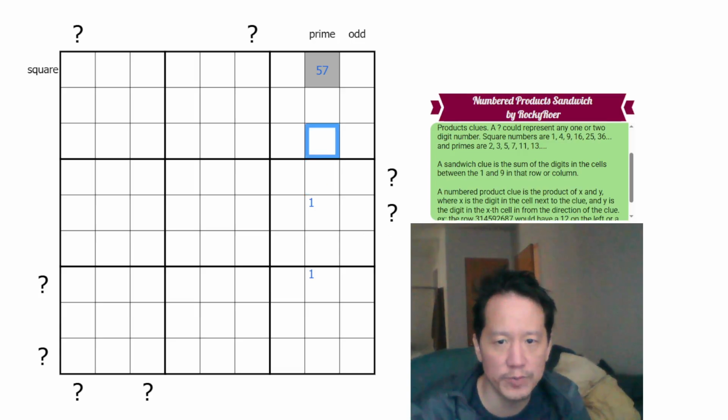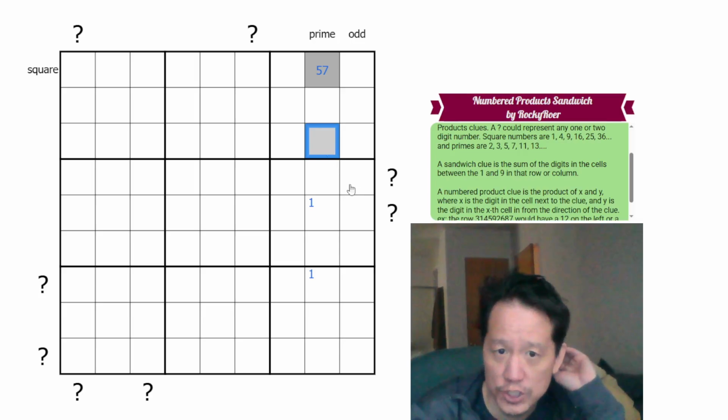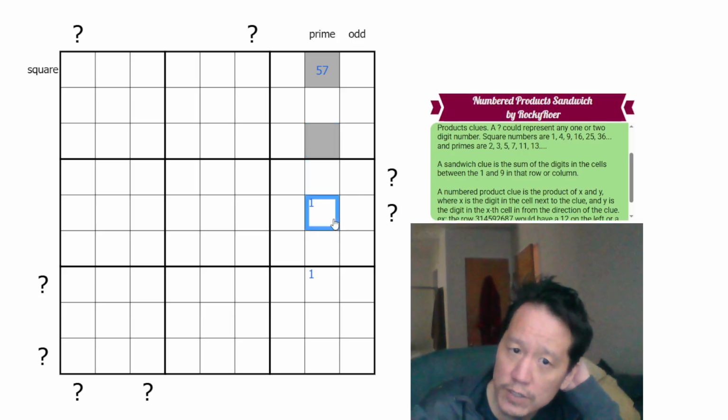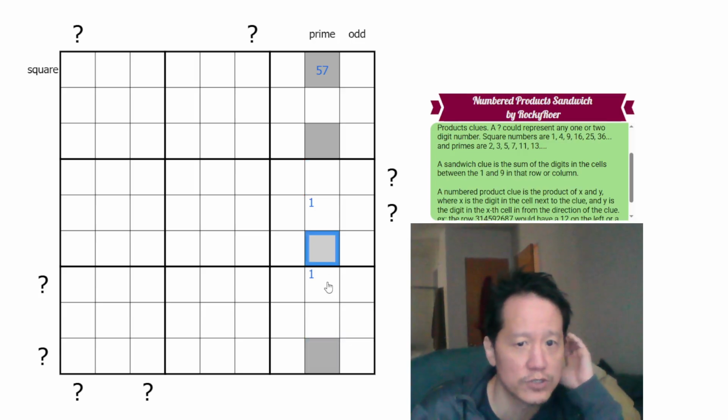So this can never be a sandwich clue. Sorry, this cannot be a 1 or 9, so the end point of a sandwich. This cannot be, because it's either here with these 2, or it's here with this one. So this can never be the end point of a sandwich clue.